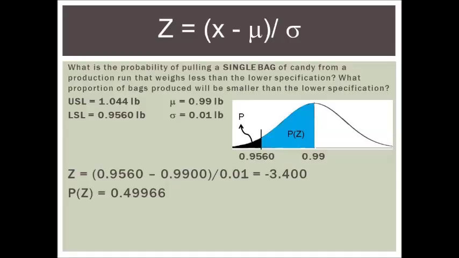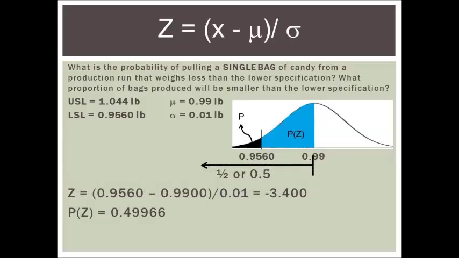Now, based upon what you know about the normal distribution, what proportion of observations will be below the average? Can you use that information to figure out what the probability is that's associated with the black shaded region in this drawing?